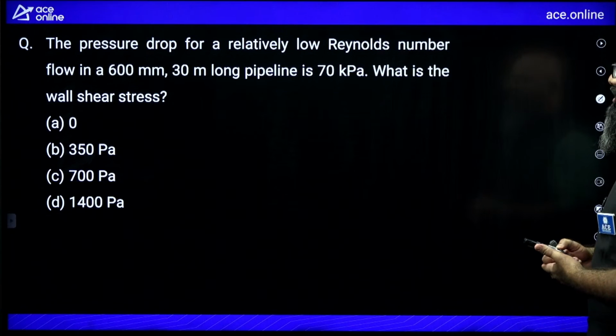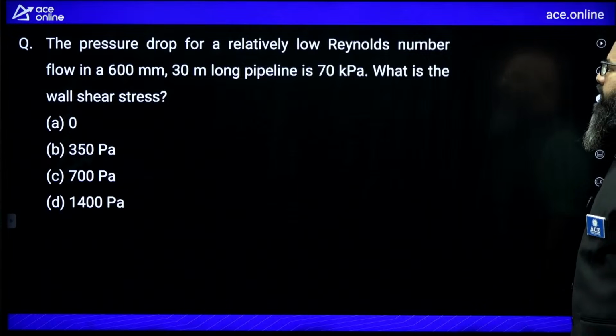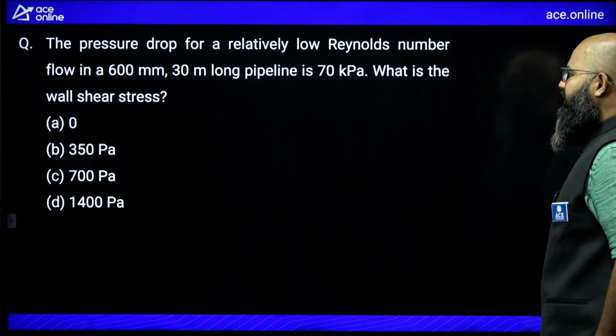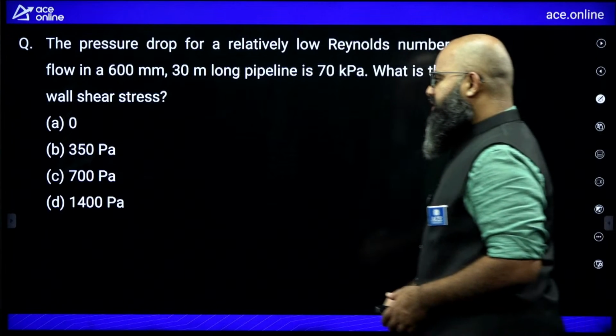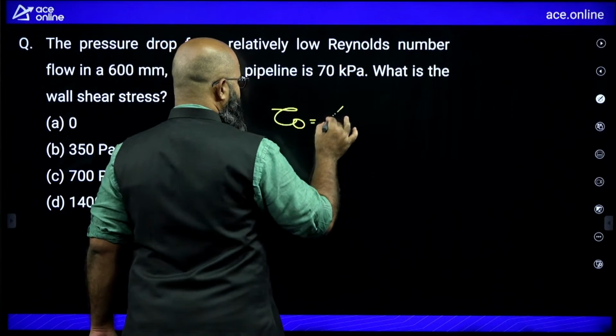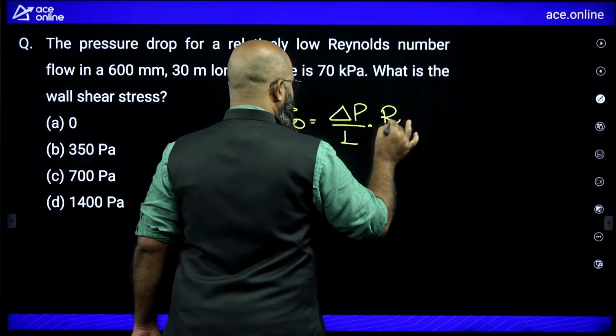Chalo, let us look at some questions now further. The question is saying the pressure drop for a relatively low Reynolds number flow in a 600 mm, 30 meter long pipeline is 70 kilopascal. What is the wall shear stress? The formula for wall shear stress tau naught is equal to how much? Delta P by L multiplied to capital R by 2.